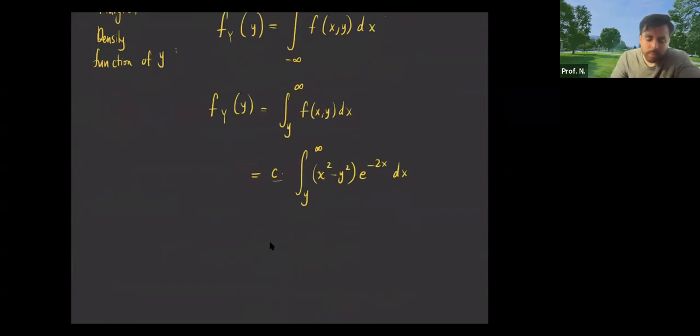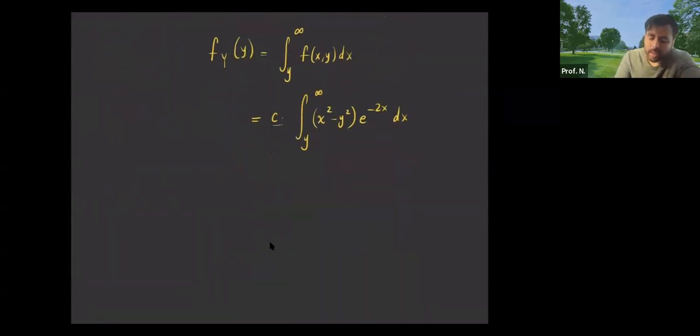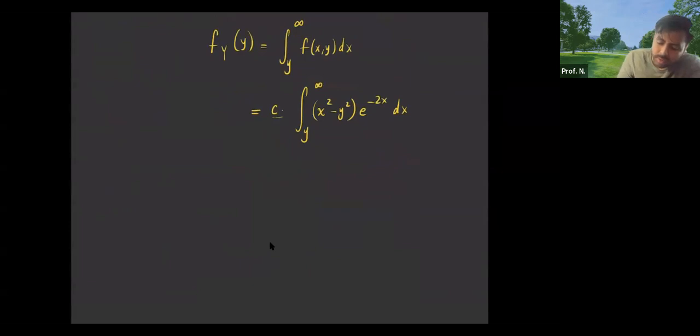So this c will just hang in there for now, and we're really just concerned with the integral here. So this becomes the integral from y to infinity of x squared minus y squared e to negative 2x dx.